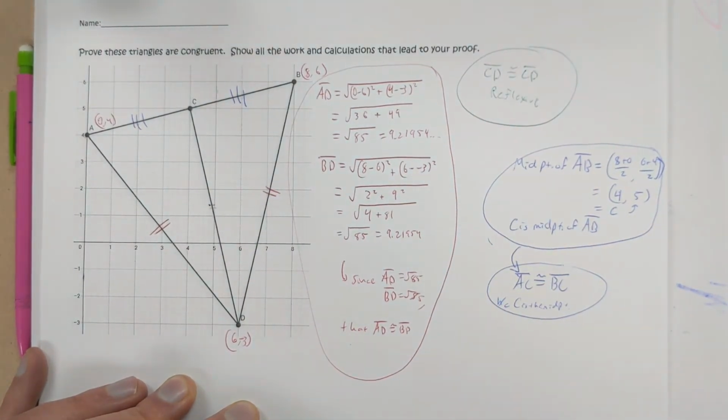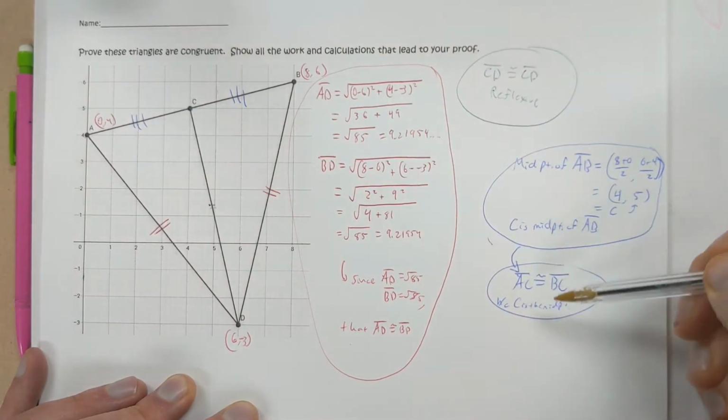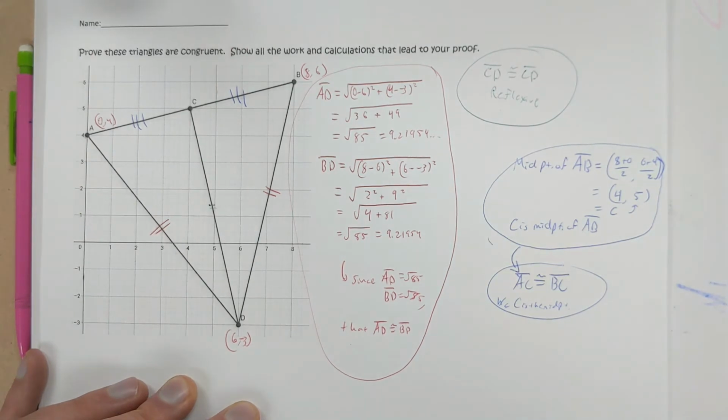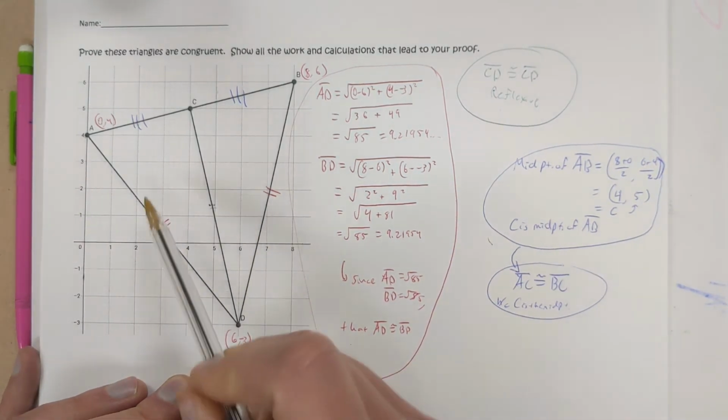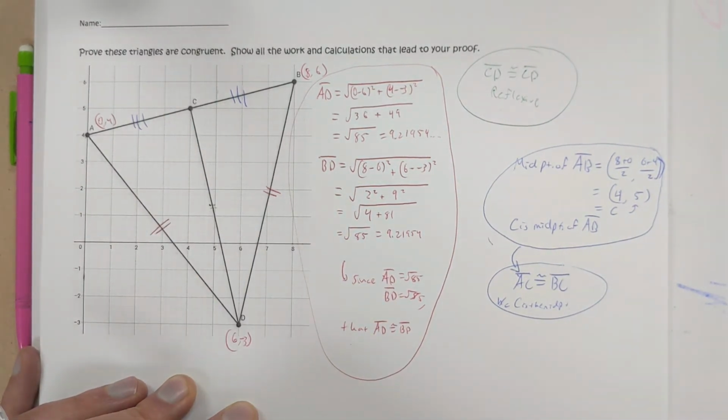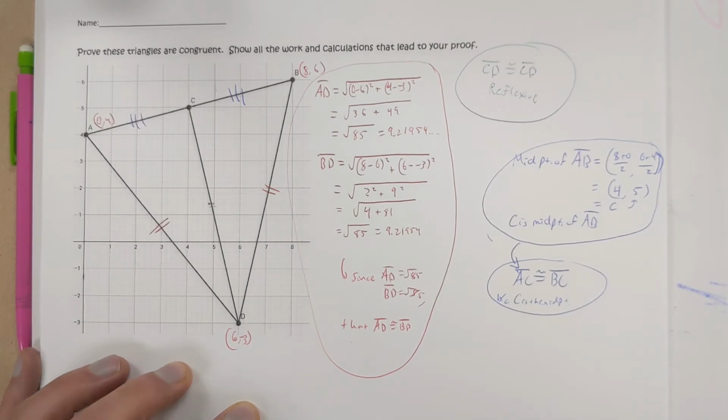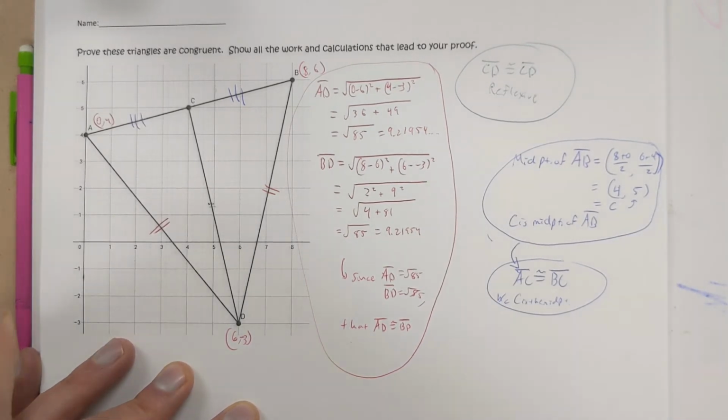Now that is technically enough information to prove the triangles are congruent. I've got one pair of sides, two pairs of sides, three pairs of sides. If all else fails, you can just do side, side, side. Do all three pairs of sides to prove the triangles are congruent. You can do the distance formula all 3 times. No, it'd be 6 times because you have to have 3 sides.